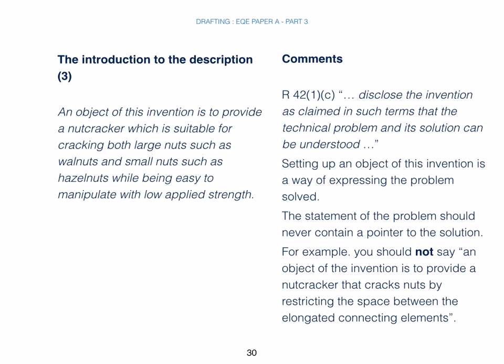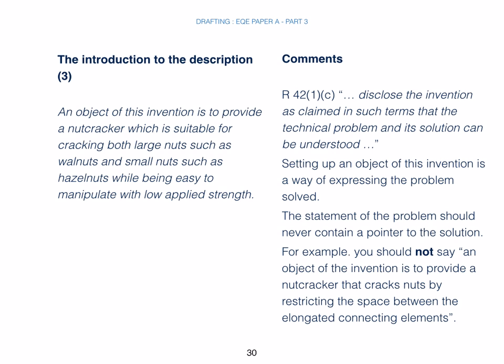I've set out the problem in accordance with Rule 42.1c, disclosure of the invention in terms of an object of the invention. An object of the invention is a way of setting up the problem, and I've expressed it as follows.